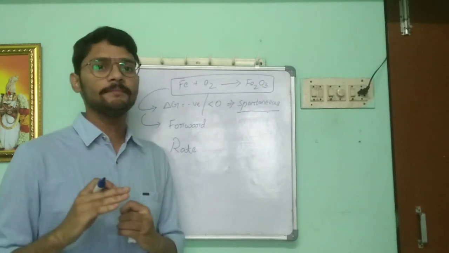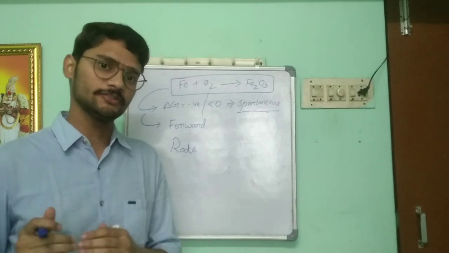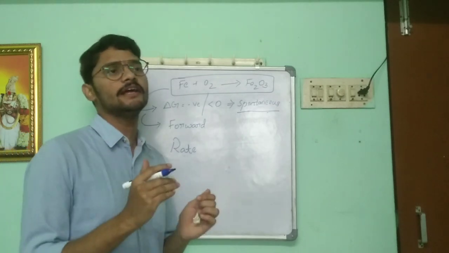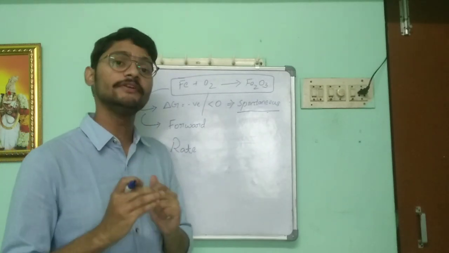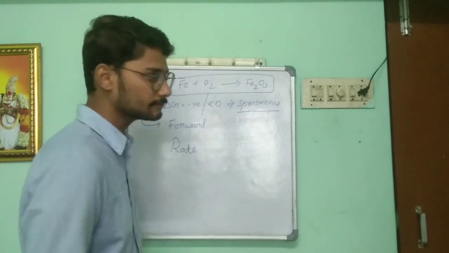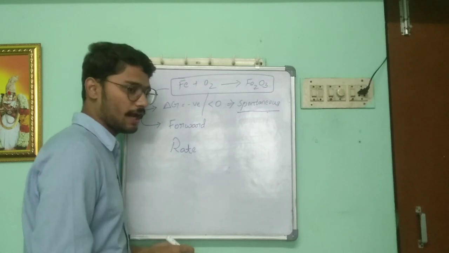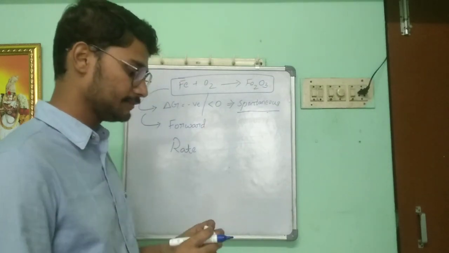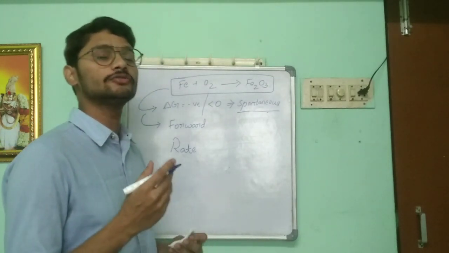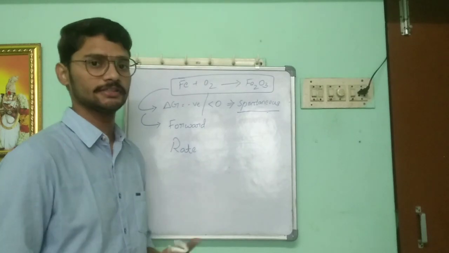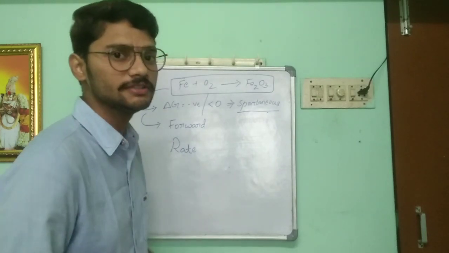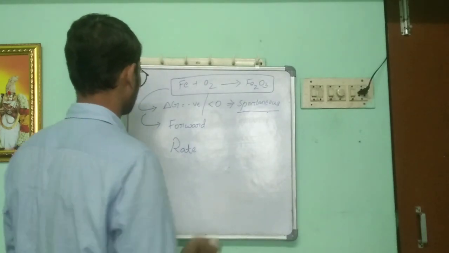But when you are at a place where the humidity is very low, the corrosion or rusting of iron will take longer than usual. So this is what is determined by chemical kinetics. Now I believe that you all understood the significance of the rate of the reaction.